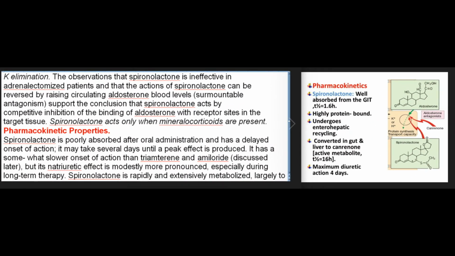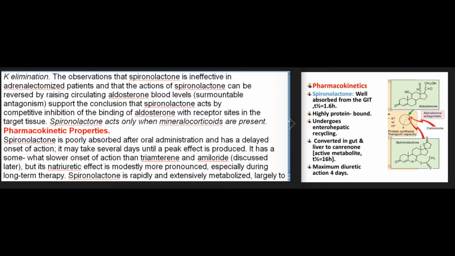The observations that spironolactone is ineffective in adrenalectomized patients and that the actions of spironolactone can be reversed by raising circulating aldosterone blood levels, surmountable antagonism, support the conclusion that spironolactone acts by competitive inhibition of the binding of aldosterone with receptor sites in the target tissue.